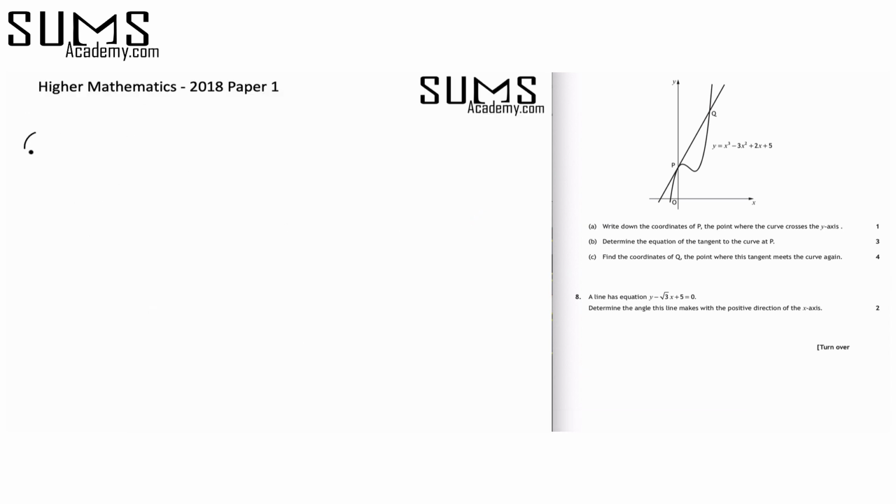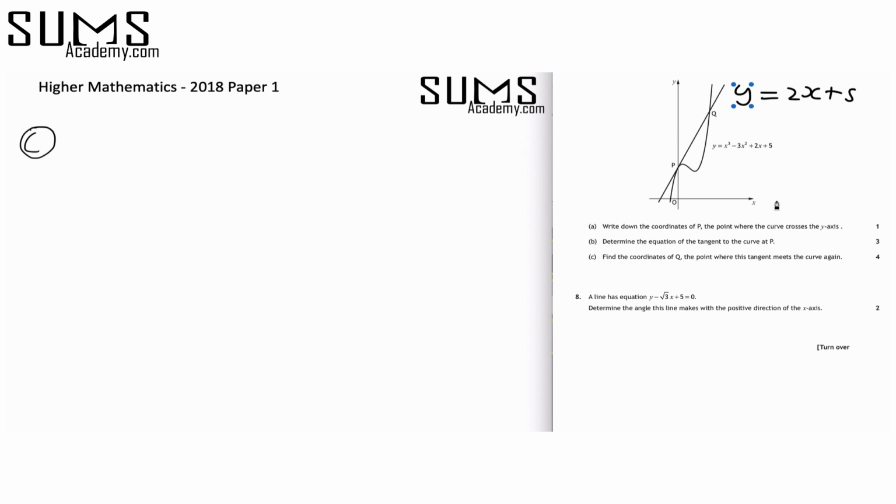So part C. Find the coordinates of Q, the point where this tangent line meets the curve again. So this is point Q here, the point where this tangent line meets this curve again. We know from our previous answer that the equation of that line is y equals 2x plus 5. So what can we do here?